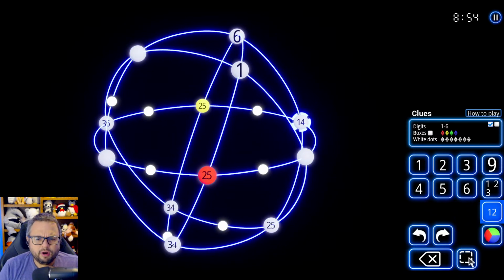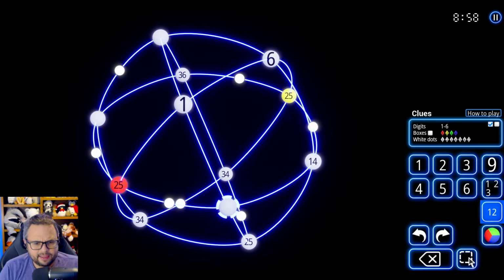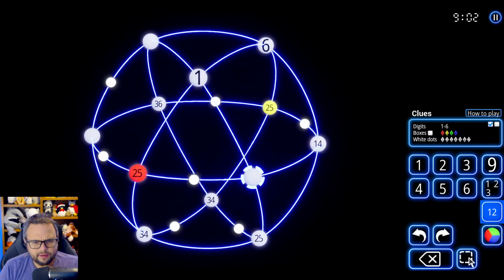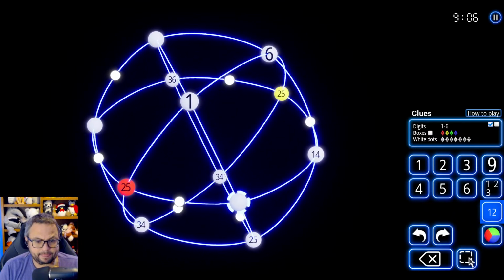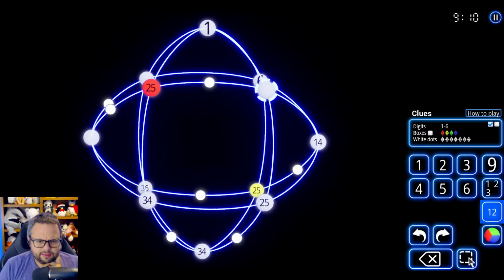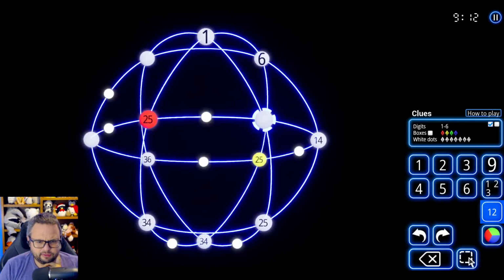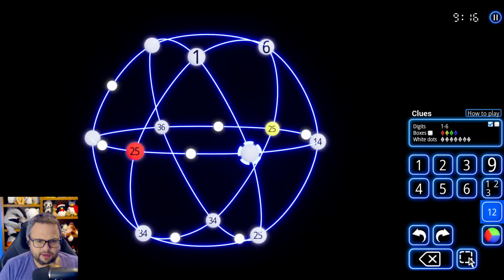Do I want to also pencil mark this? And if I do pencil mark this, do I have anything interesting that I can say about it? Okay, it's certainly not 1. I don't know if this sees a 2-5 pair or not, because I don't know whether this is the red 2-5 or the yellow 2-5 yet.